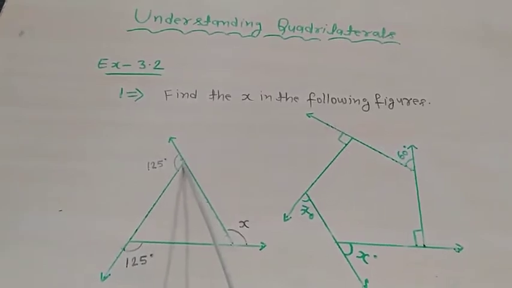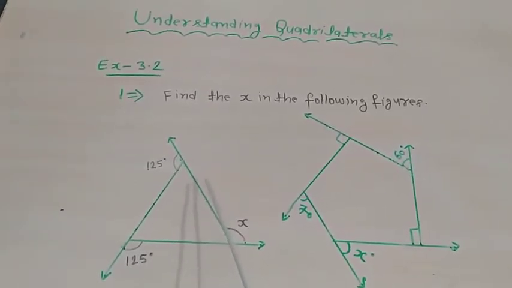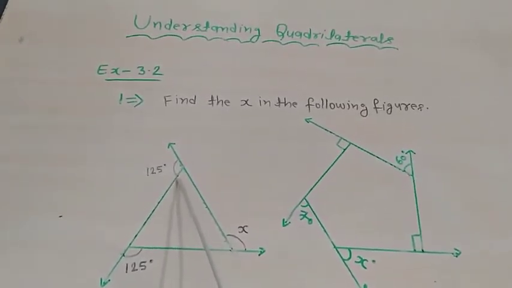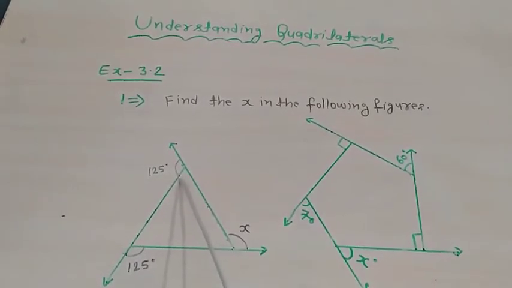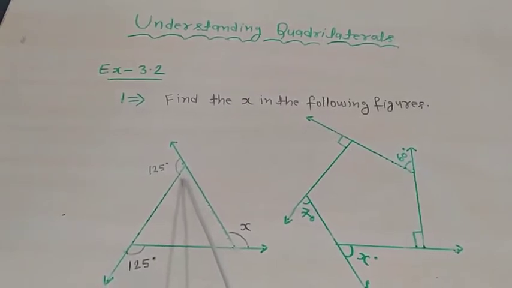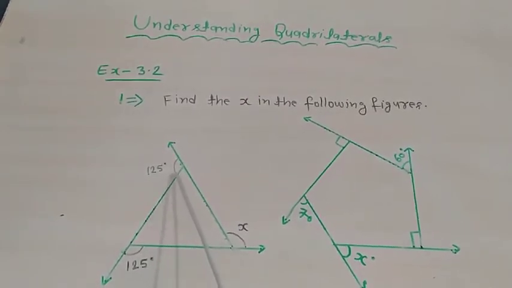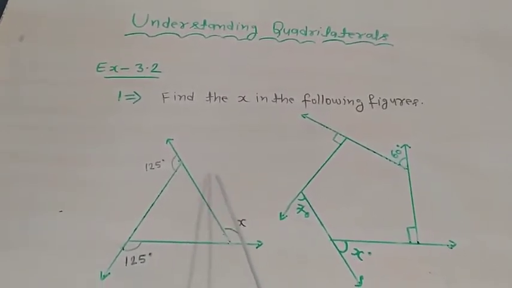Also here, this is a straight line, clear, and the sum of both angles is 180 degrees. If you subtract 125 degrees from 180 degrees, you obtain 55 degrees.